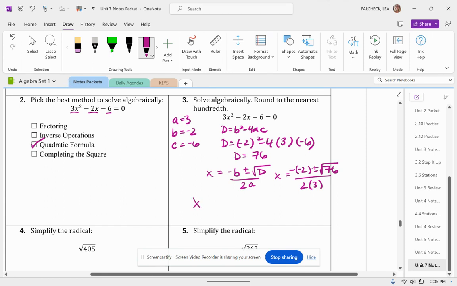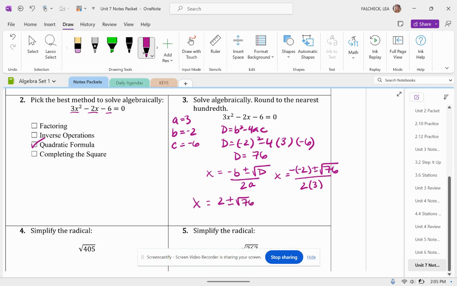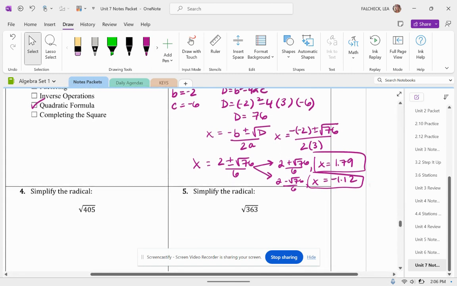I'm going to type the following into my calculator. And I'll get x equals, this should be 1.79, and negative 1.12. Hooray for us. Hooray for school.